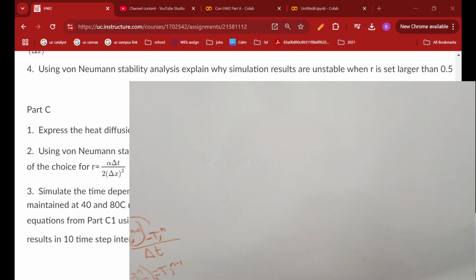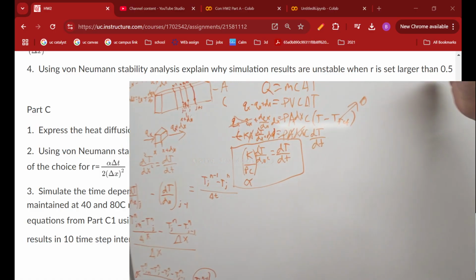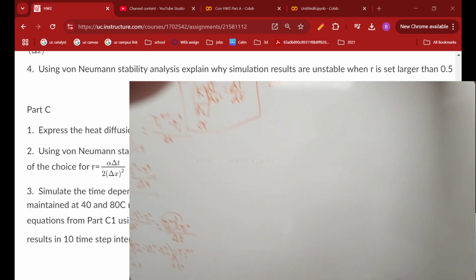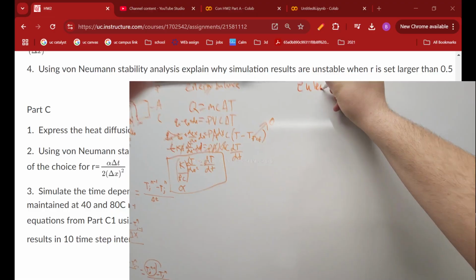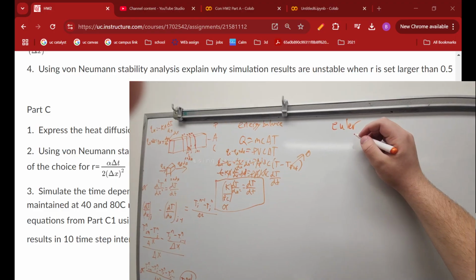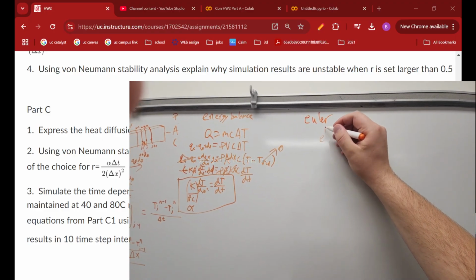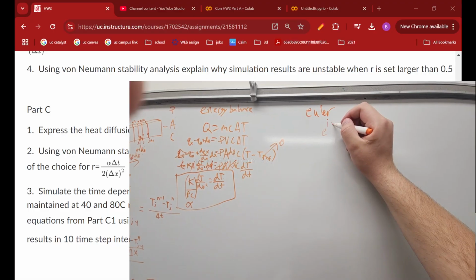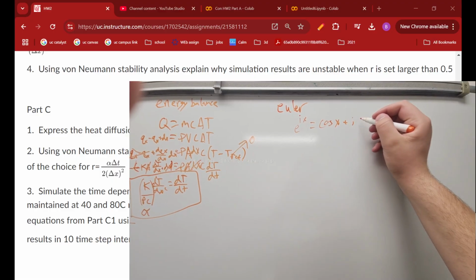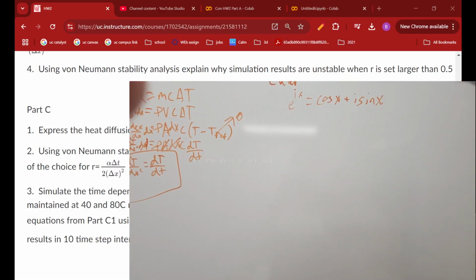So in order to show this, we need Euler's equation, which I believe is e to the i x equals cosine x plus i sine x.